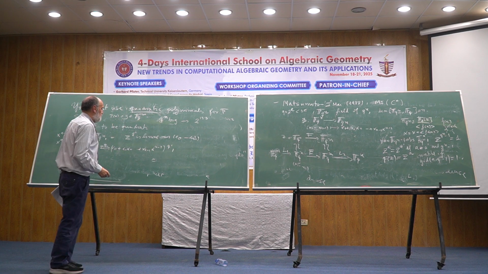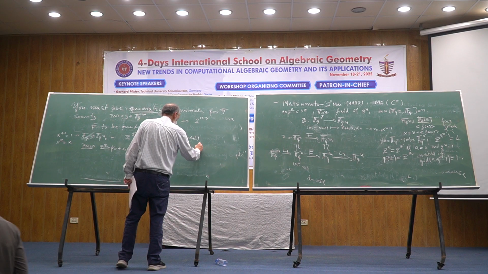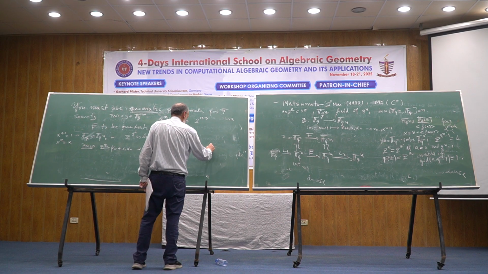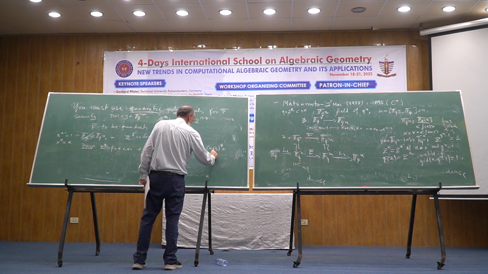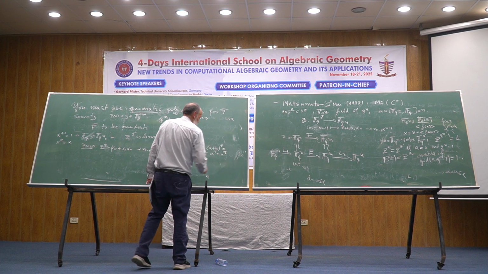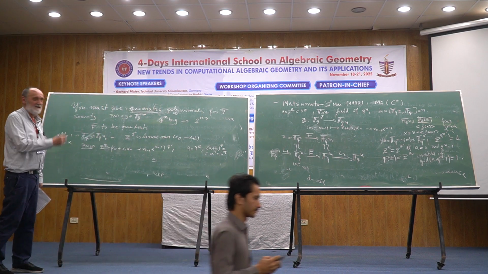But remember, q is a power of the characteristic. For a power of the characteristic, we always have that (a plus b) to the q is equal to a^q plus b^q. This is what in America they call the Freshman's Dream, because the binomial is very easy.